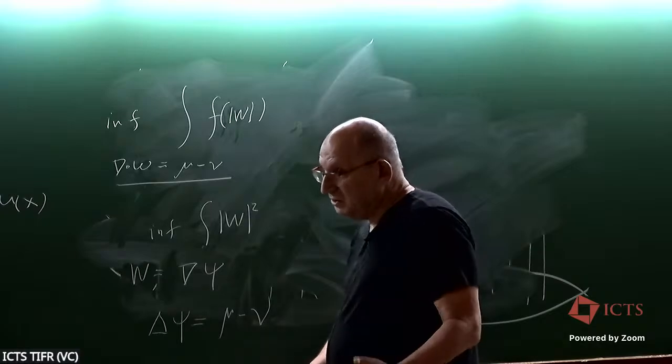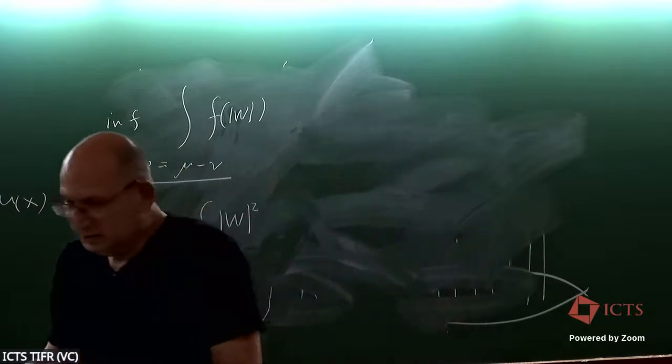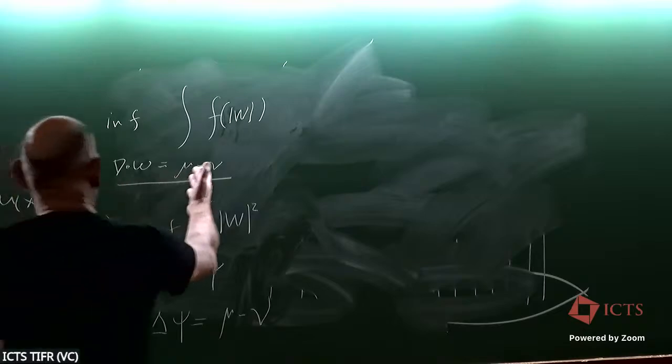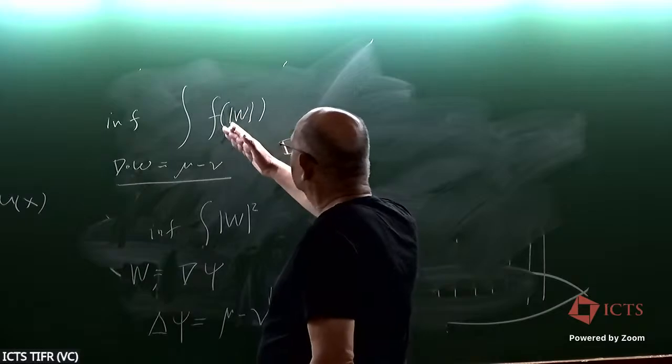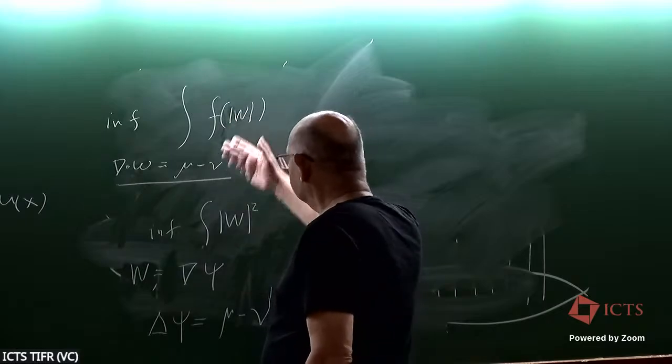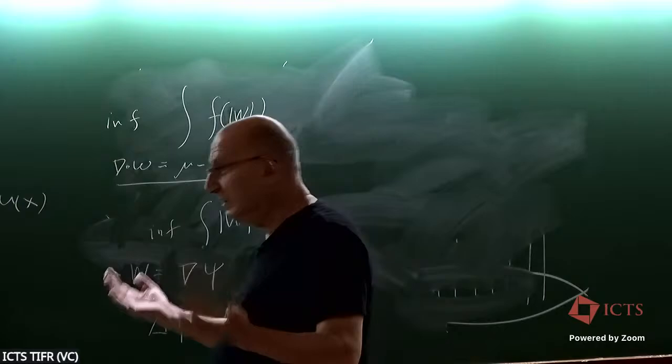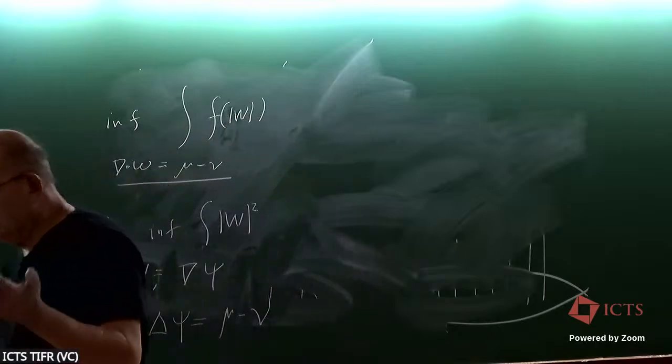As mathematicians, we are very happy because we solve a convex problem. If this function is superlinear and also convex, this is mathematically very attractive because we know there's only one solution, and we are happy.